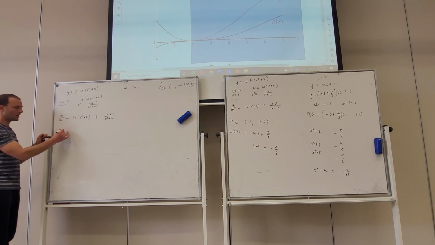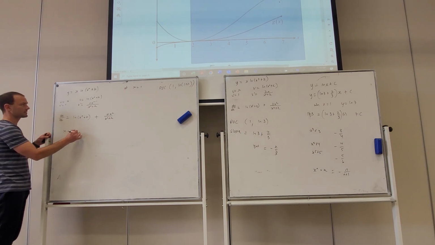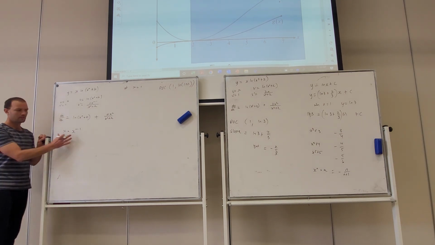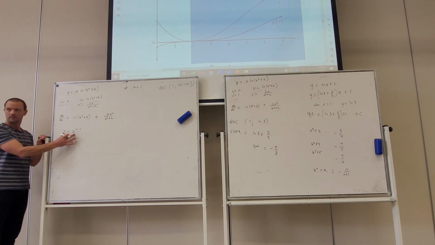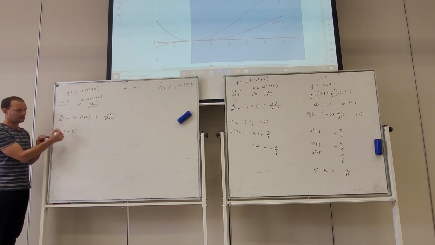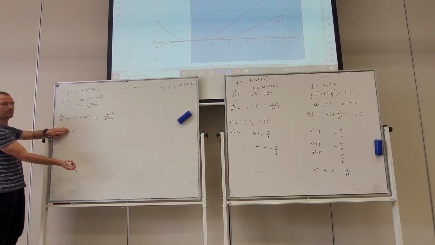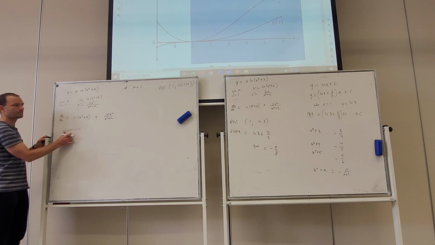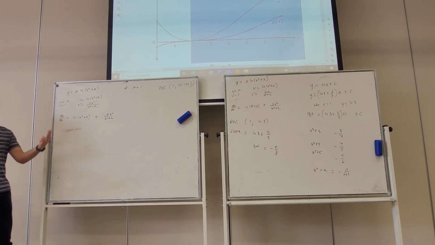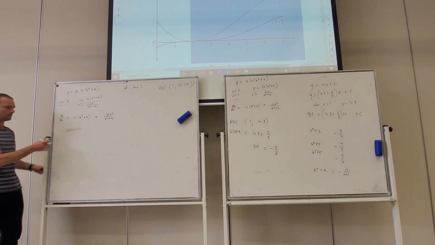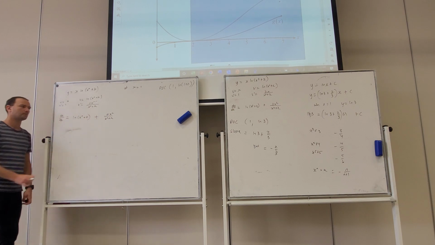Let me show you why. If we have x times x to the n take 1, these have the same base, which means we can add their powers together. What's the power here? It's 1. So if I go 1 plus minus 1, it'll cancel, and we're just left with the x to the n. So I've simplified that all in one step. That's absolutely fine. You can drag it out if you want to, but this is what it's going to simplify to.